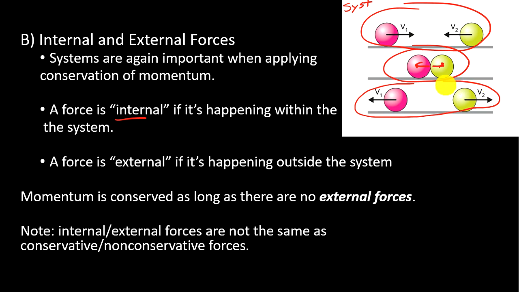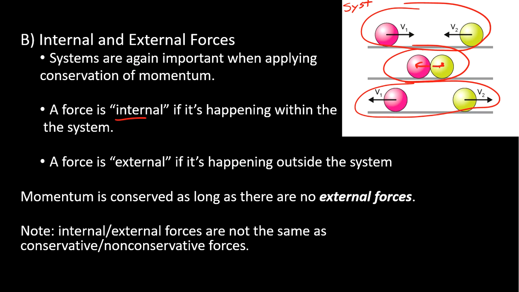Here's my system in the last one. The total momentum is conserved if my system is these two objects because there wasn't some earthquake happening on the outside. Mr. Thrasher wasn't swatting these two balls away. These red arrows I just drew weren't occurring. Any force that was taking place were internal forces inside the system.